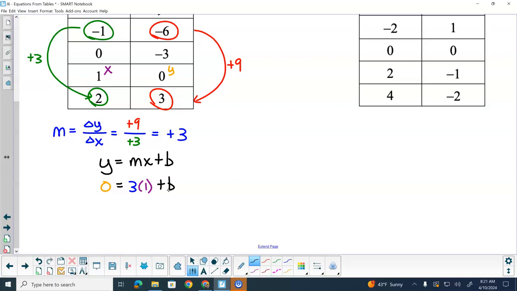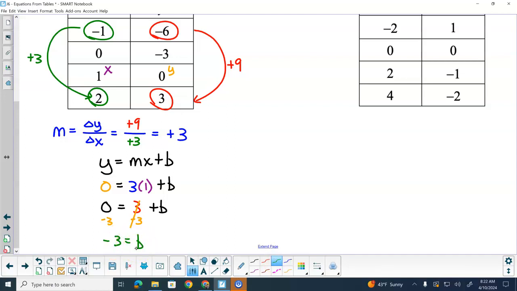Michelle, 3 times 1. 3. And how would you go about solving that for b? Subtract 3 from both sides? And you get negative 3 is equal to b.